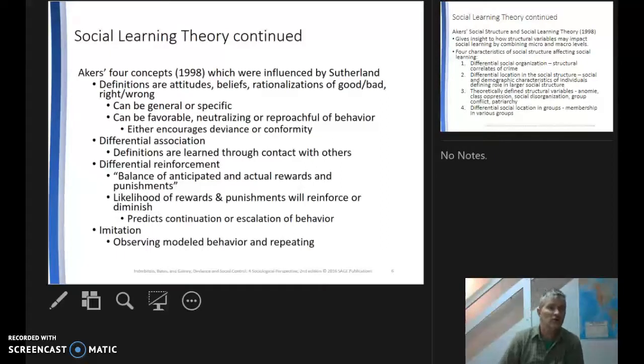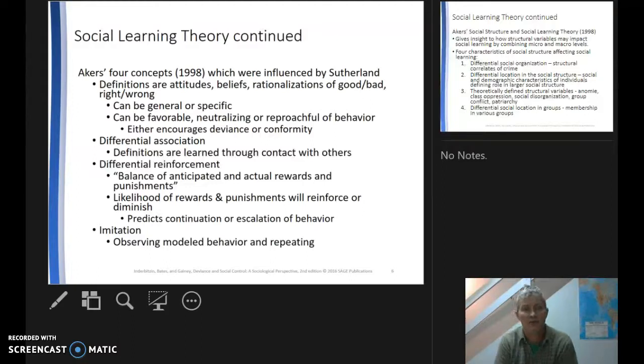Of course, differential association is another important aspect of Akers' theory. For him, definitions are learned through contact with others. This leads into differential reinforcement, where balances of anticipated and actual rewards and punishments take shape.